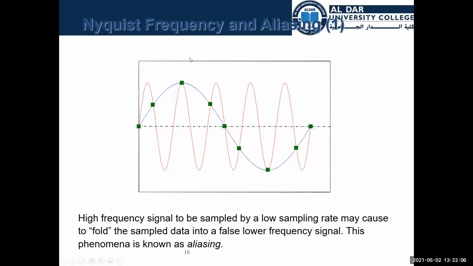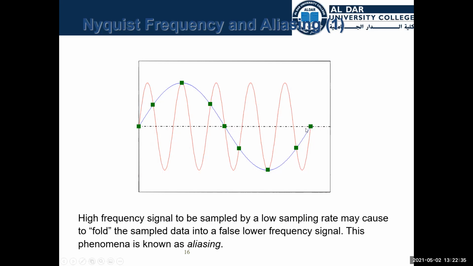This is a very important shape to make you imagine the sampling when we sample at a very low frequency. We see the sample points, the green squares here, will create another completely different frequency, which is not the original frequency.